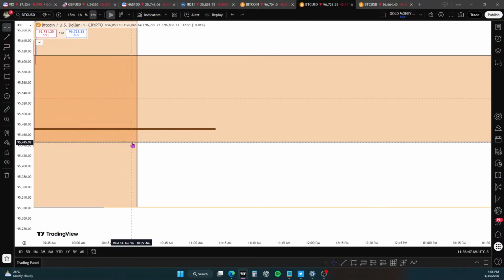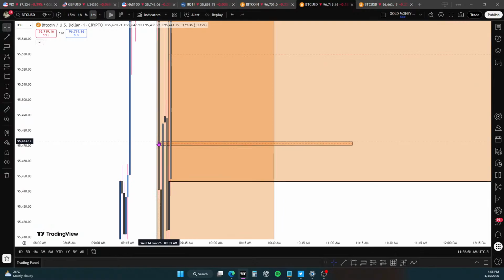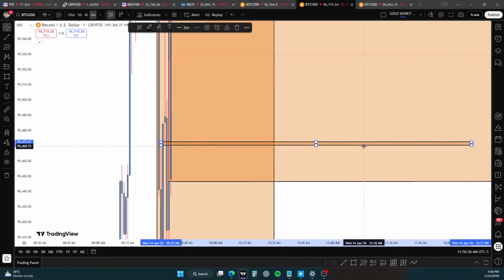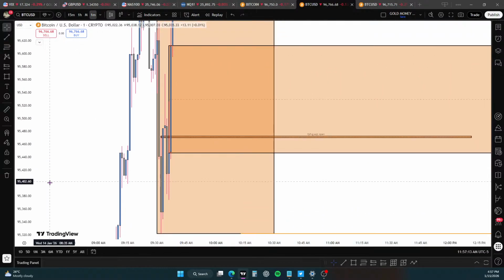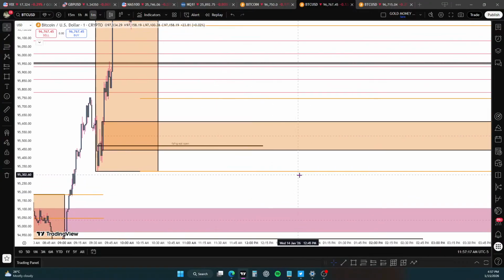Okay, so this black line here is the first presented fair value gap. That is the original first presented fair value gap, the FPFVG of the equities open, which is from 9:30 in the morning New York time to 10:30 in the morning New York time.